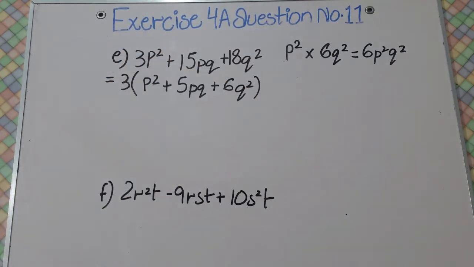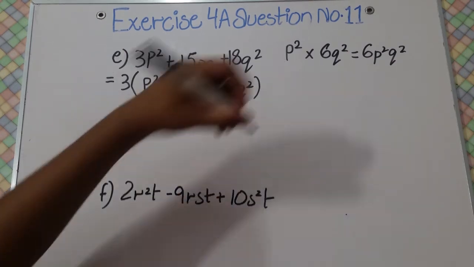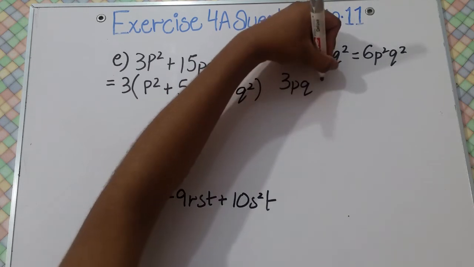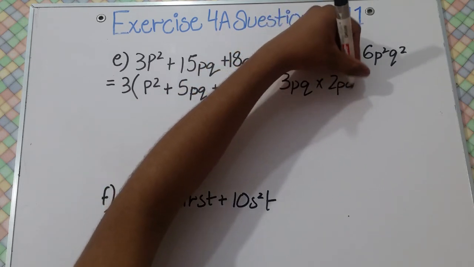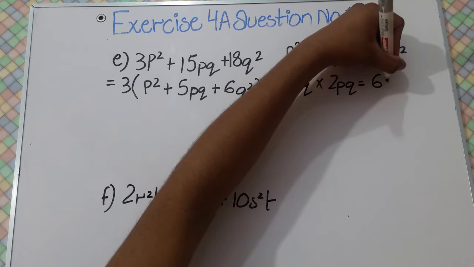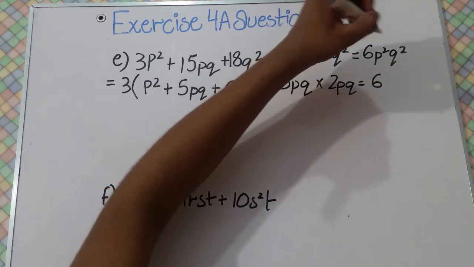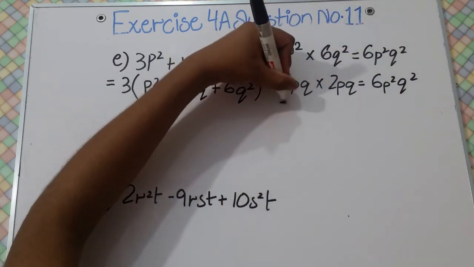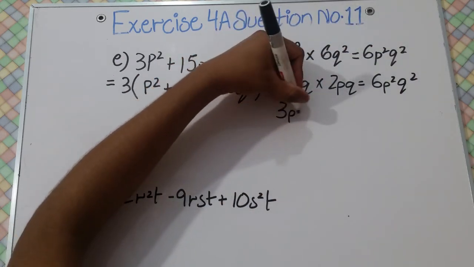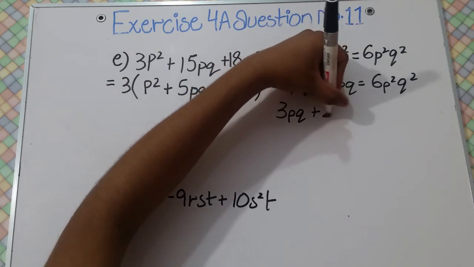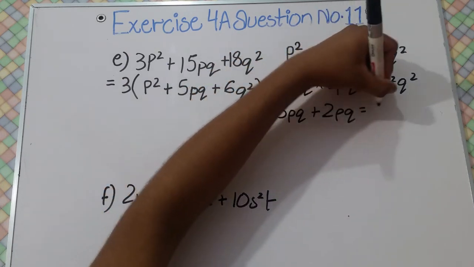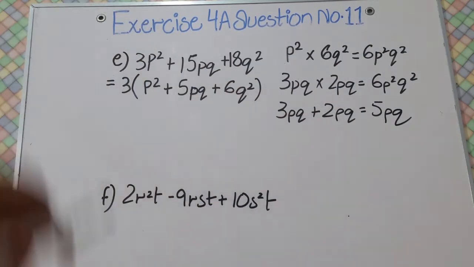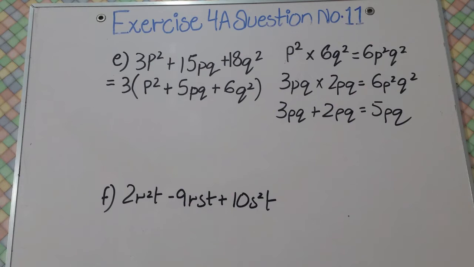So now there are two numbers: by multiplying, 3pq multiplied by 2pq, we get 6 p square q square. But if we add these numbers, 3pq added with 2pq, it is 5pq, and 6q square.